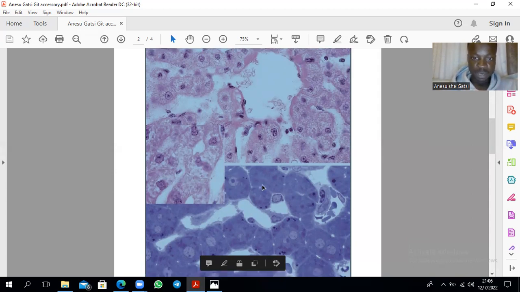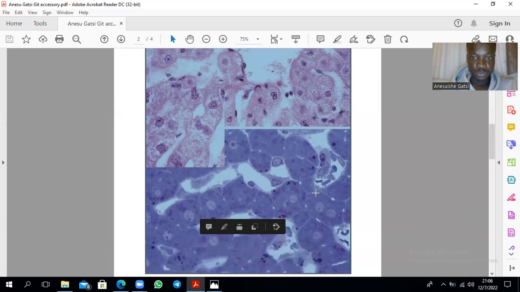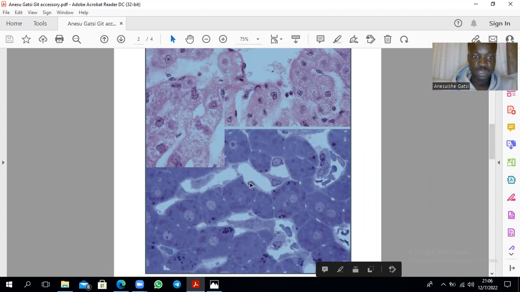Right. And if you look at this one, that's a sinusoid. That's an endothelial cell. Right. That's a Kupffer cell inside the sinusoid. These are hepatocytes. Right. Those spaces there are your bile canaliculi, the spaces between the hepatocytes there.